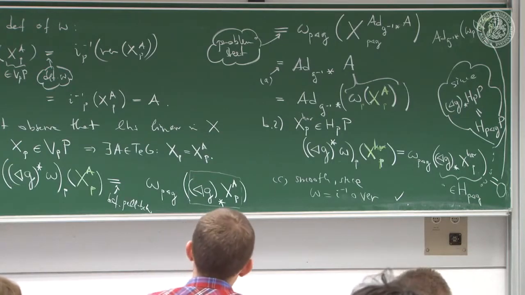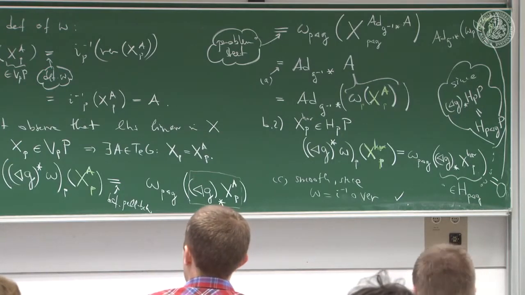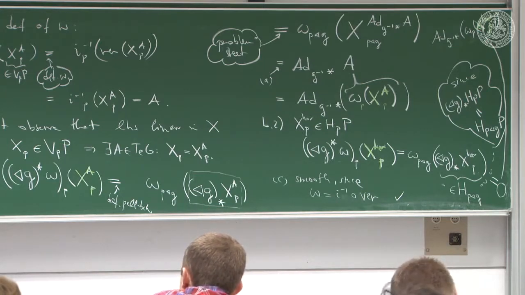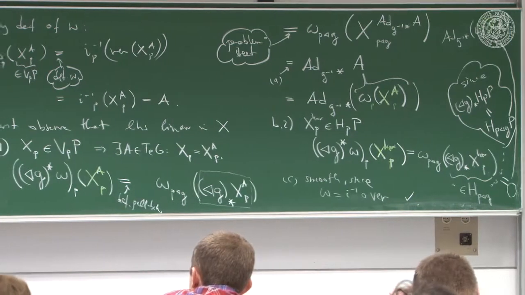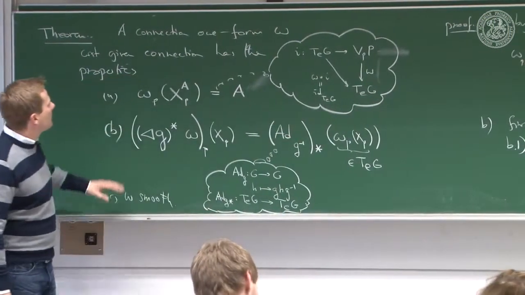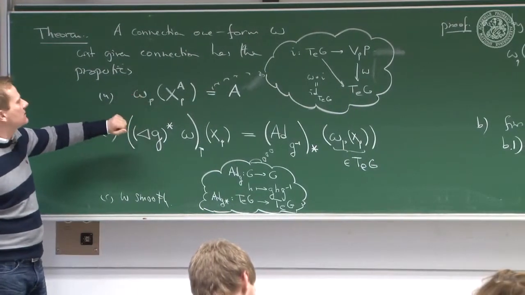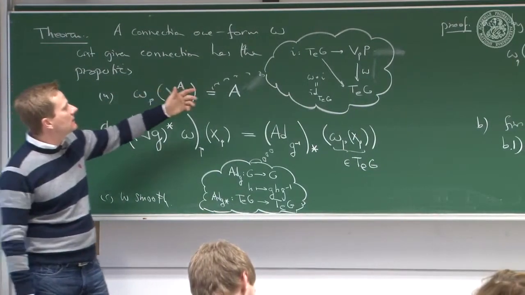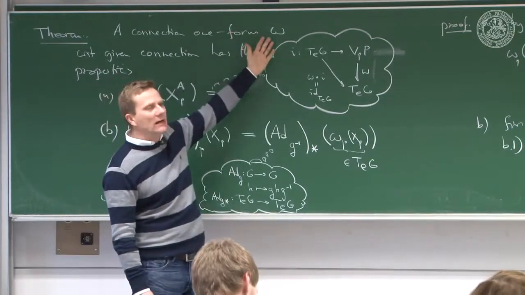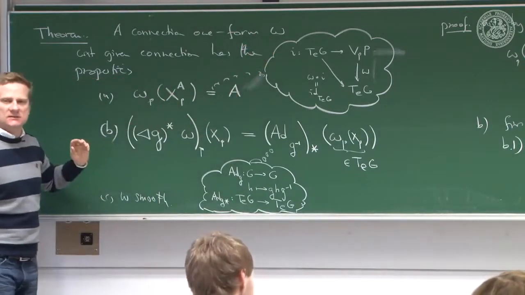connection, which consisted in a choice of horizontal subspaces at each point. Now, this may scare one at first sight, but of course we had this before. And of course, it's much more convenient to say, you hand me a principal bundle, and now you hand me a one form with these properties.